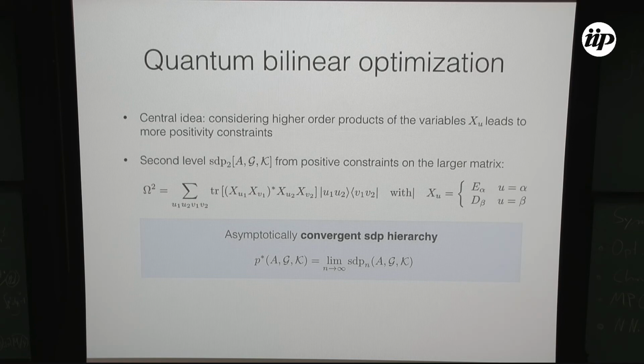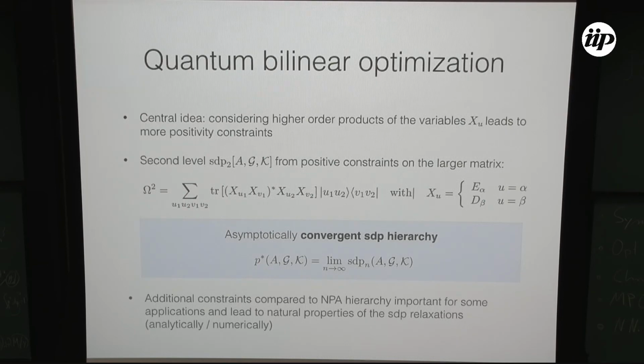We also give an independent proof, but you could actually deduce it from the NPA work. The main message here is that these additional constraints can be important for applications, sometimes analytically, sometimes numerically, but they can become useful.